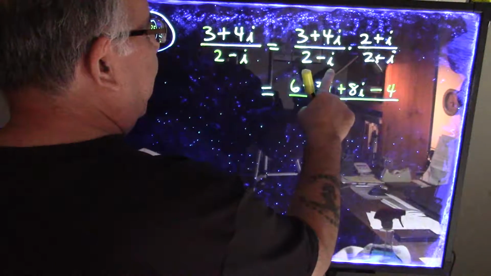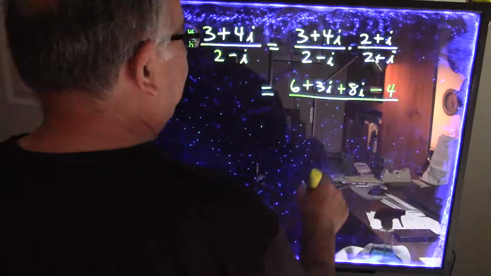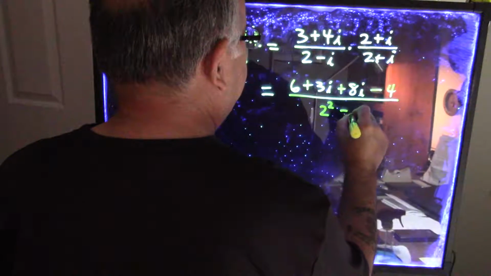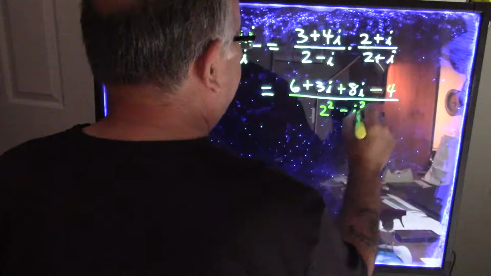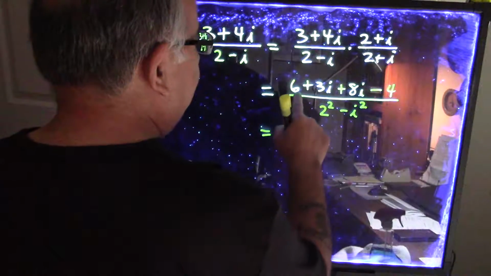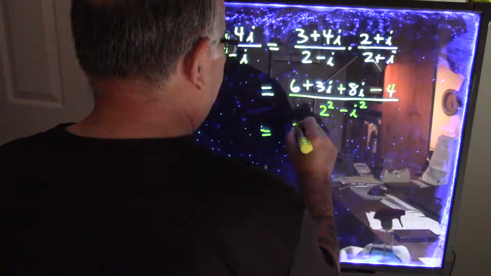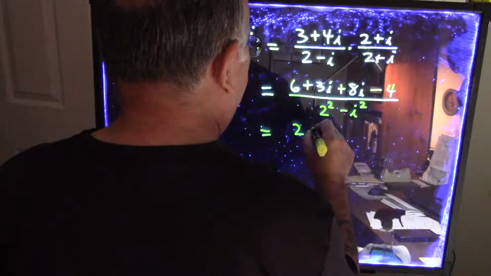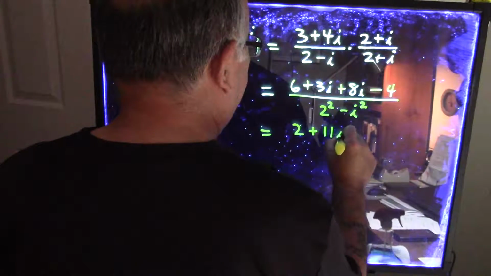And then a minus b times a plus b is a squared minus b squared, or 2 squared minus i squared. So we've got 6 minus 4 is 2 on top here. And 3i plus 8i is 11i. 2 plus 11i in the numerator.